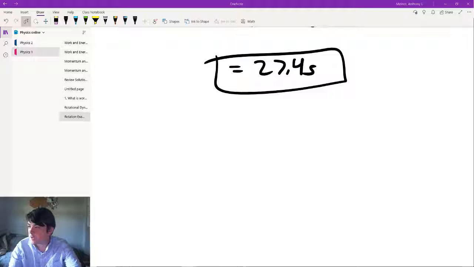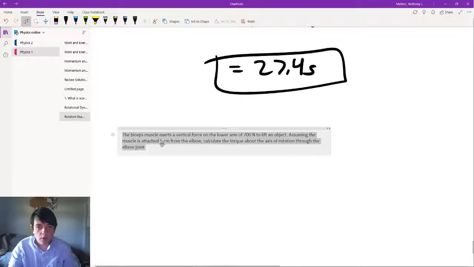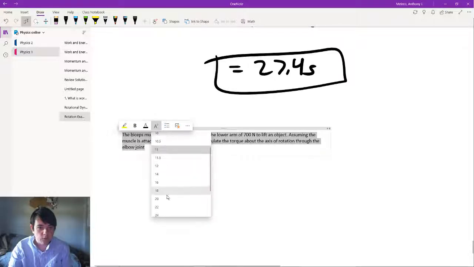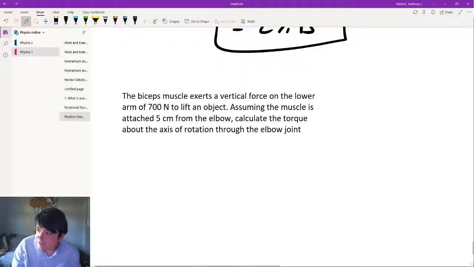So now that we've done all the kinematics, it is actually time to start doing rotational force questions. So we're going to learn all about torque. The first question we have is, the bicep muscle exerts a vertical force on the lower arm of 700 newtons to lift an object.